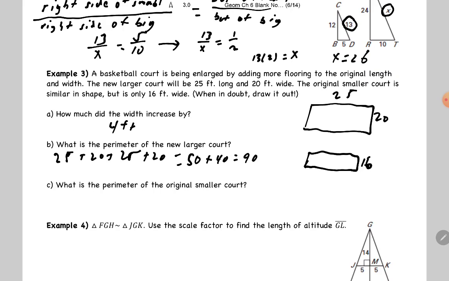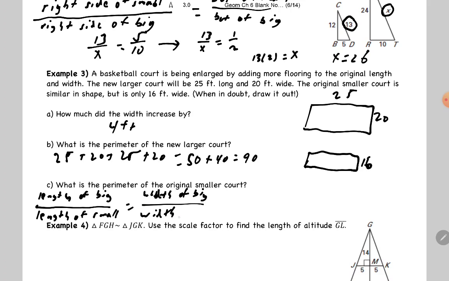What is the perimeter of the smaller court? So now we need to make our proportion. I'm going to do length of big over length of small equals width of big over width of small.